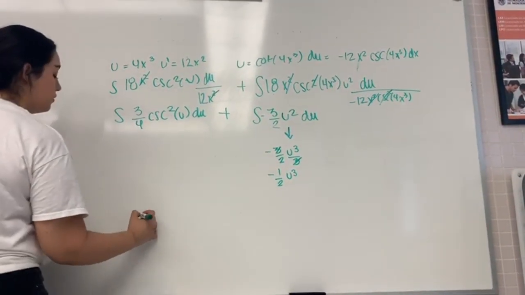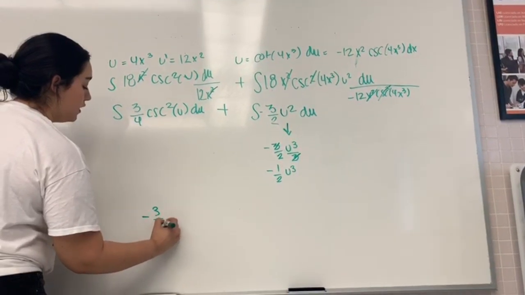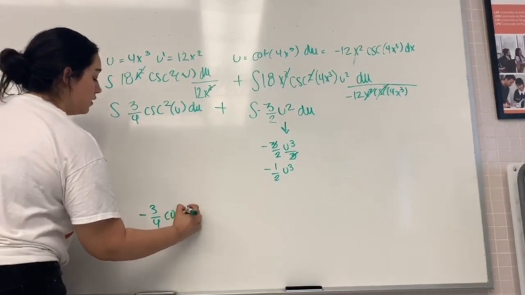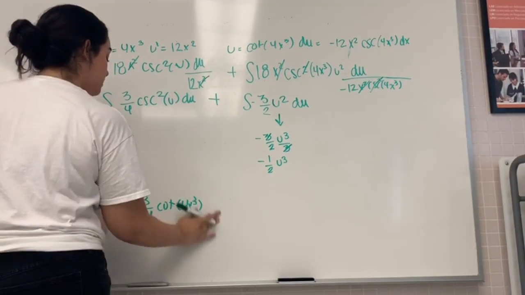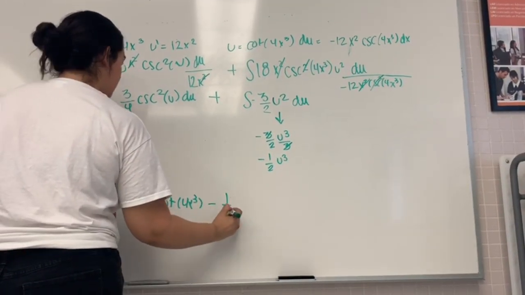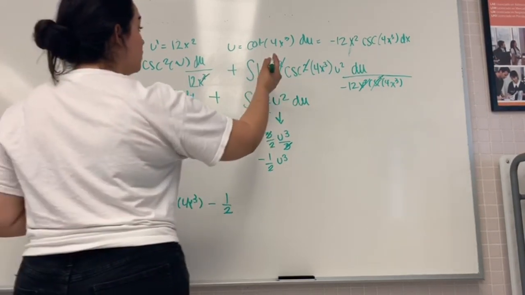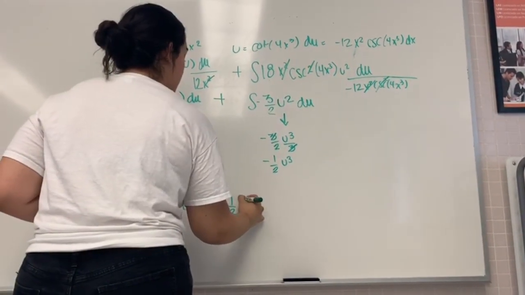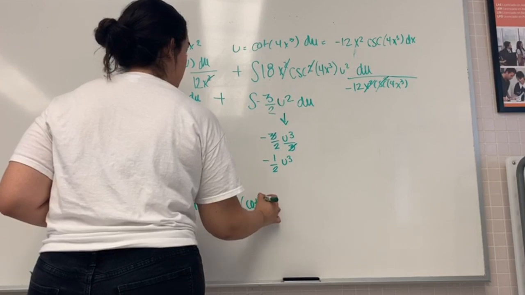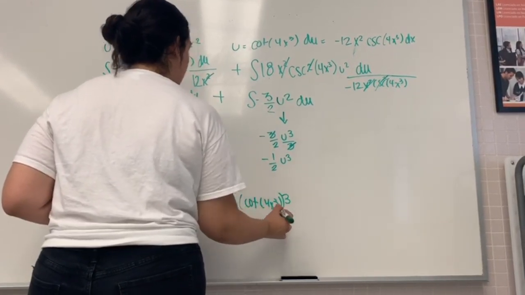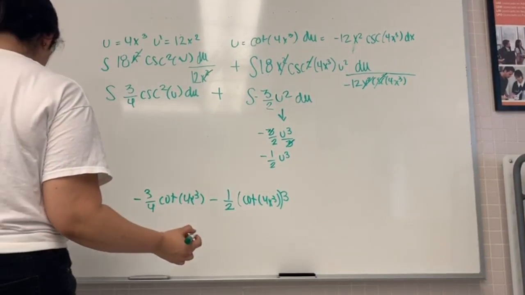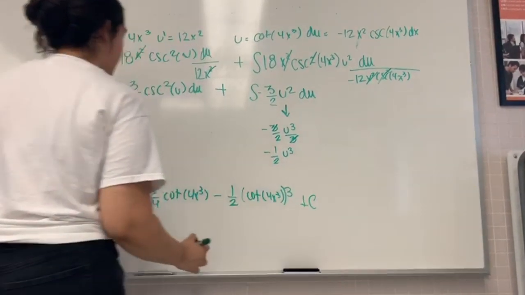Your final answer will be negative 3 over 4 cotangent of 4x to the third power plus 1/2 of your u, which was cotangent of 4x cubed, all to the third power, plus c.